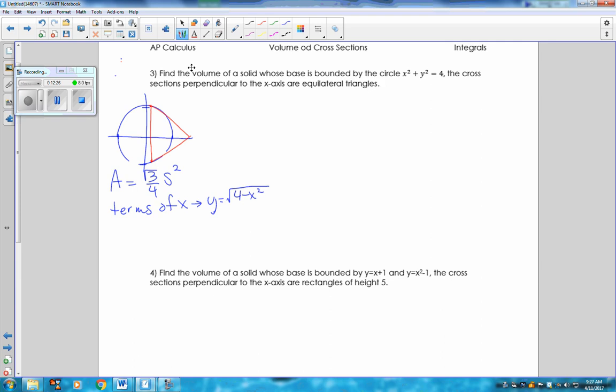So this one looks a lot like the one we did earlier. So your volume's going to be the square root of 3 over 4, and then your side measurement squared, and your upper and lower bounds.